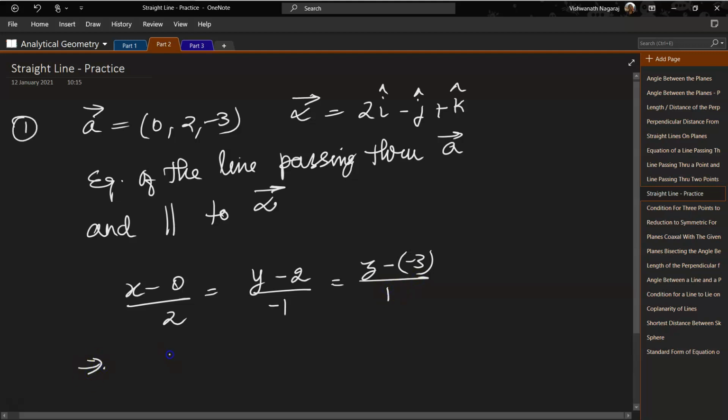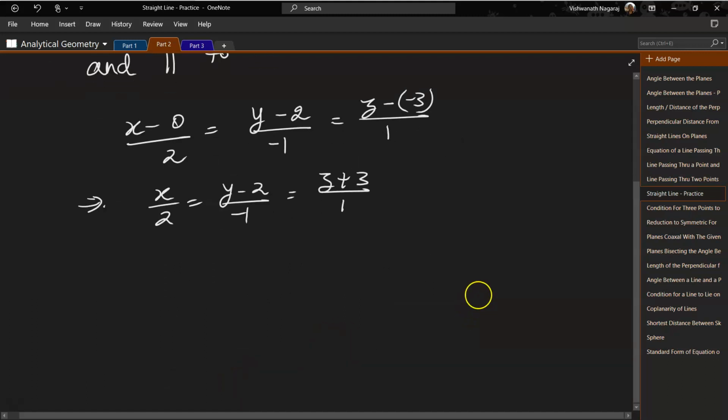If we simplify this, we get x by 2 is equal to y minus 2 by minus 1 and z plus 3 by 1, pretty straightforward. Now let's look at the second problem.